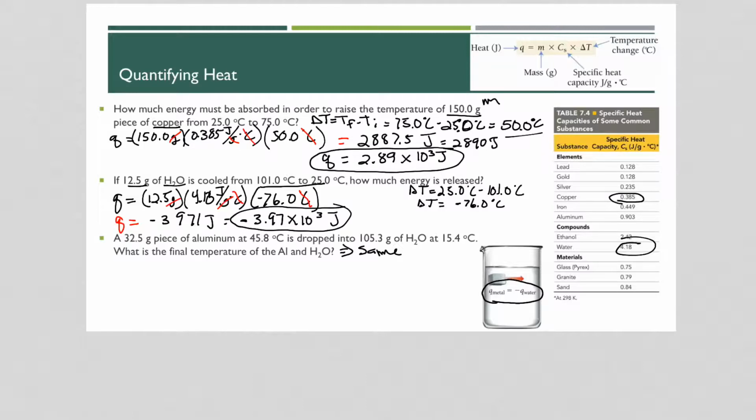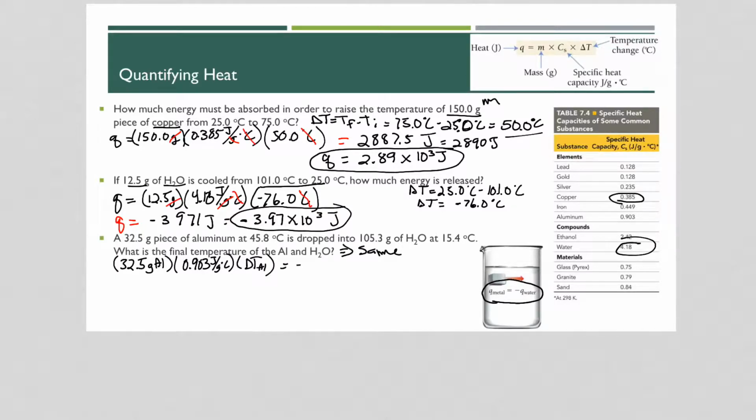So it looks like this. The Q of the metal is going to be the mass of the metal, the 32.5 grams of aluminum, times the specific heat of aluminum. If you look at the table, that's 0.903 joules per gram degrees Celsius, times the delta T of the aluminum.